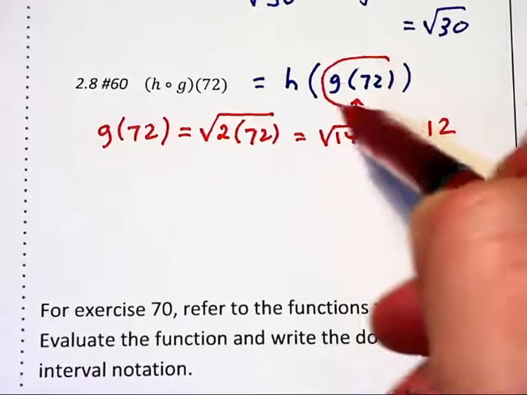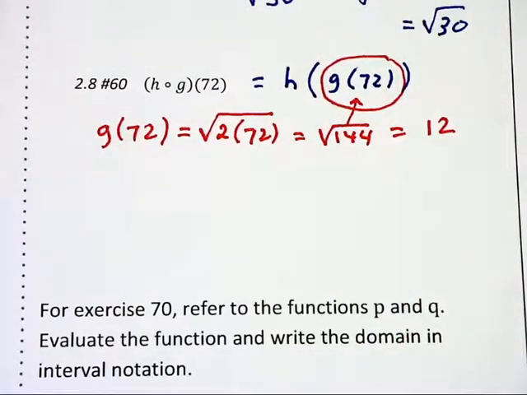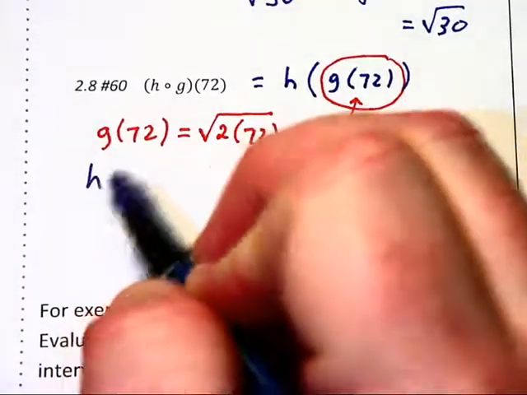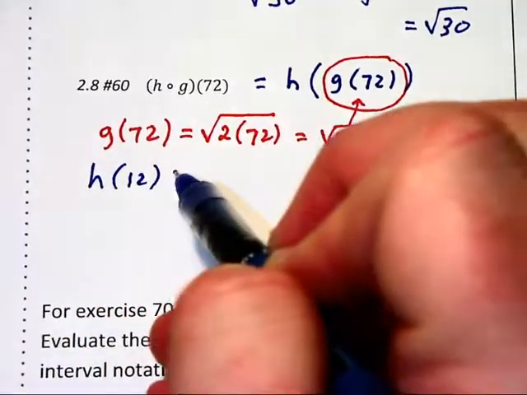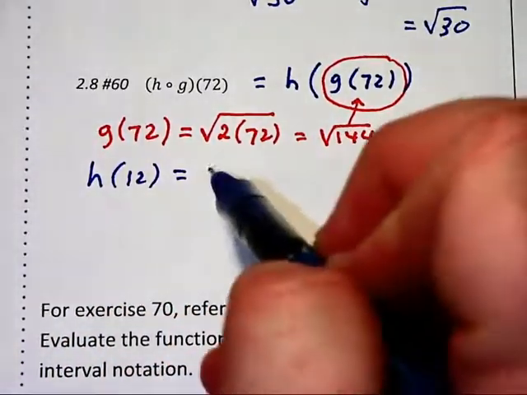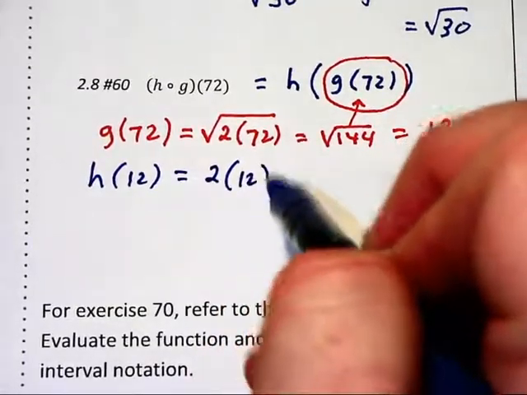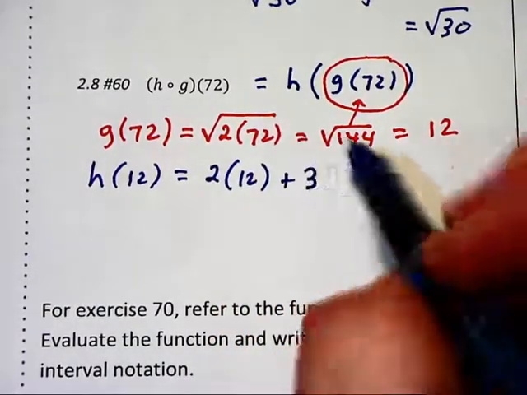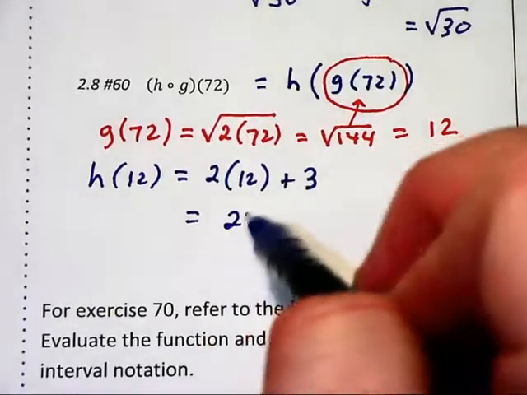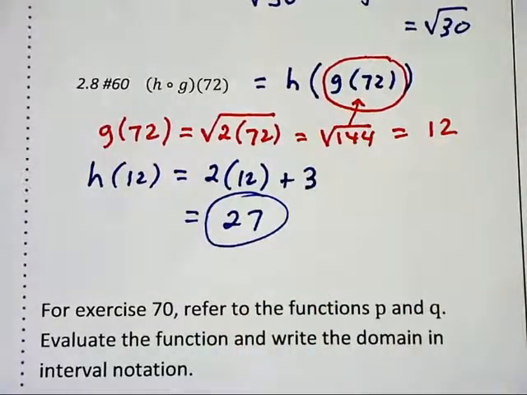So this whole input here is going to be 12, and now we're finding h of 12. Well, h is the function 2x plus 3, so we're going to have 2 times 12 plus 3. That's 24 plus 3, which is equal to 27.